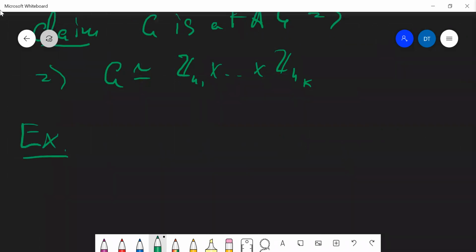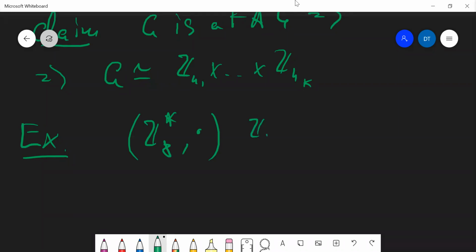If we have Z8 star with multiplication, this is a finite abelian group because it has finitely many elements, so it must be isomorphic to a direct product of cyclic groups. I want to show the isomorphism, but I don't want to prove why the map is an isomorphism.